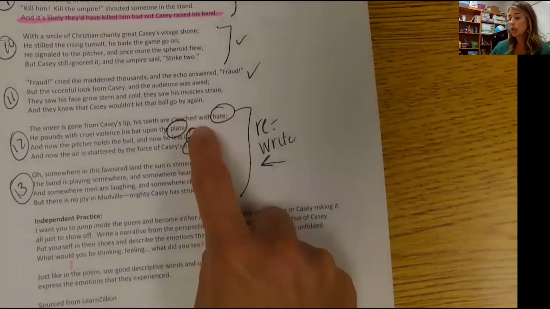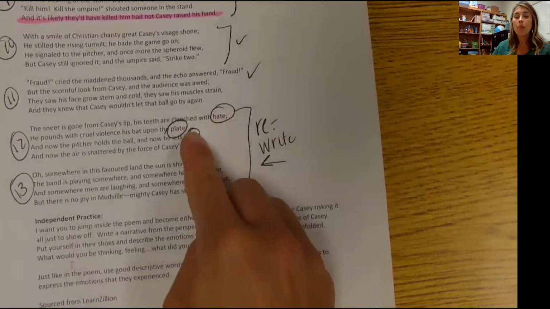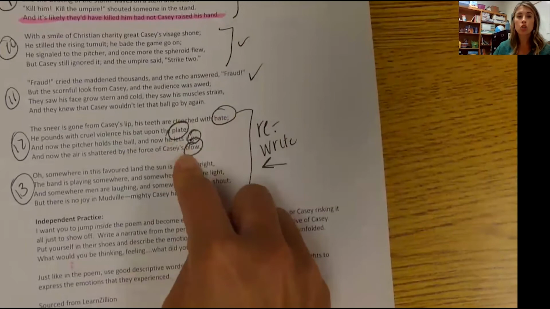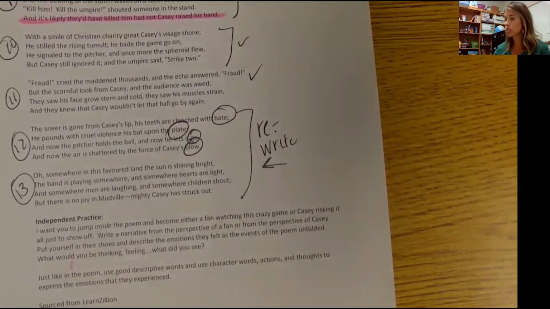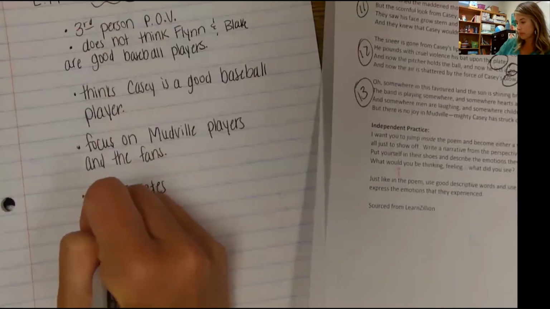Lines 1 and 2, lines 3 and 4. So it goes AABB, hate plate, go blow. Those words rhyme. This might be helpful on your notes. Let's go ahead and add it. AABB.